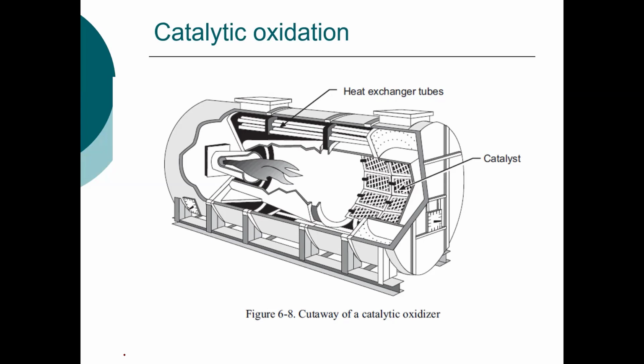Often we can operate these at lower temperatures, so that reduces the fuel consumption, passes over the catalytic oxidizer, and this improves oxidation. Biggest disadvantages, though, are the cost of the catalyst and, as I just mentioned, the poisoning of the catalyst, which deteriorates their performance.